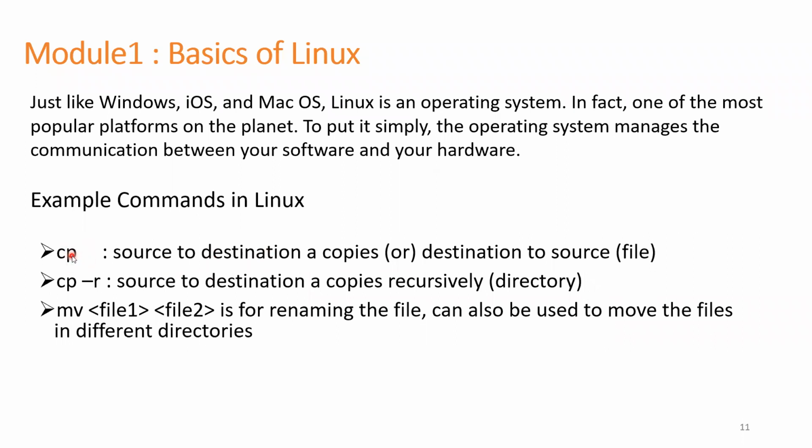Cp is for copying the file. You give the file name and the destination location, and that will copy the file. If you want to copy a directory, you need to use cp -rf. If you want to rename a file or move it from one location to another, you need to use mv. Mv is the command for moving or renaming a file.